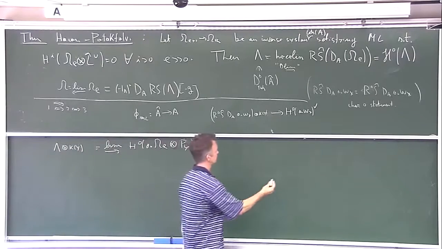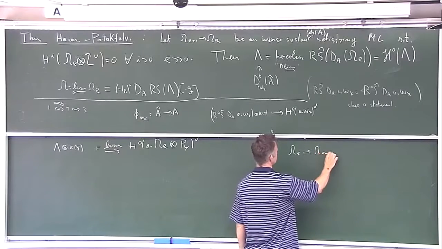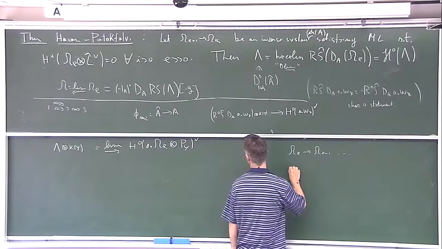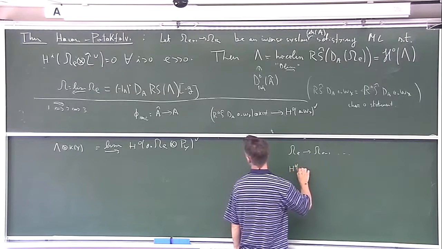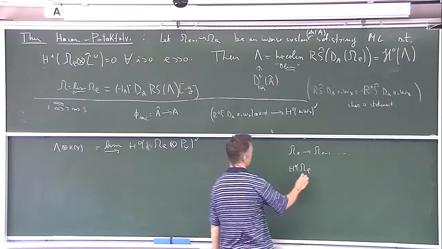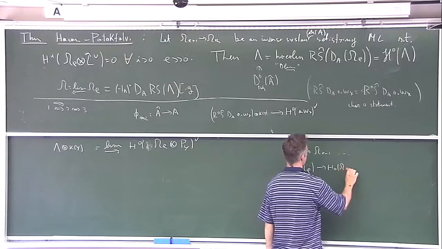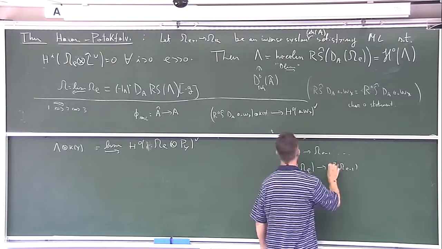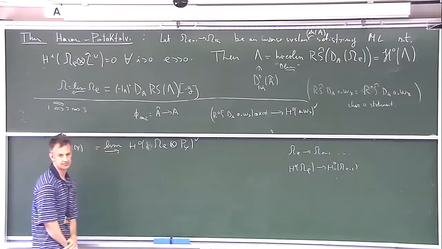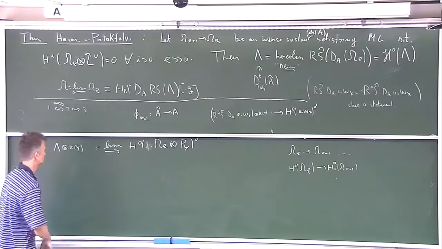You have these maps, omega E to omega E minus 1, and so on. So you get maps of cohomology groups from H0 of omega E to H0 omega E minus 1. So this is like an inverse system, and when you dualize it, it goes the other way, and it's a direct system. Just like the lambdas.